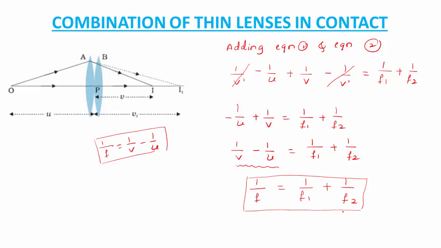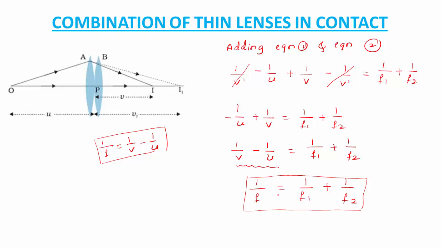If I am using three lenses, then the equation will become 1 by f equal to 1 by f1 plus 1 by f2 plus 1 by f3. In this way, we can modify this equation. Now, for a combination of two thin lenses in contact, the equation will be 1 by f equal to 1 by f1 plus 1 by f2. So this is the final equation for a combination of thin lenses in contact.